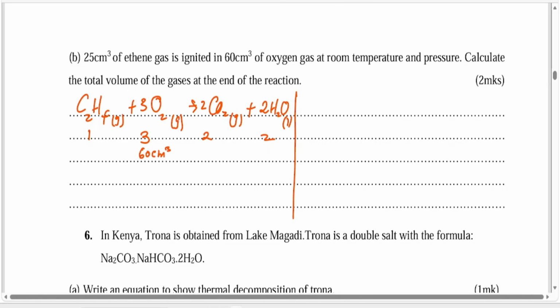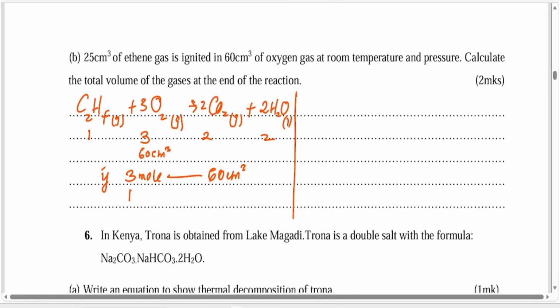To obtain the amount of ethene that was used, I ask myself: if 3 moles of oxygen needed 60 cubic centimeters, what about 1 mole of oxygen?